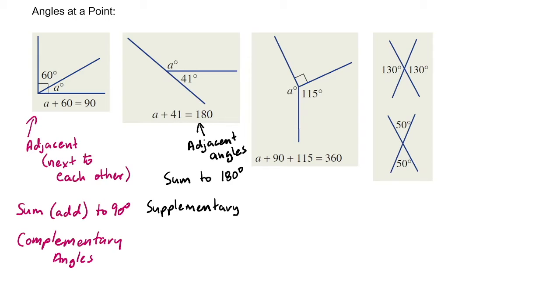The third type of angle here at a point, all right, they're still all next to each other. So they're still adjacent angles. But this time, they don't add to 90 or sum to 90. They don't sum to 180.